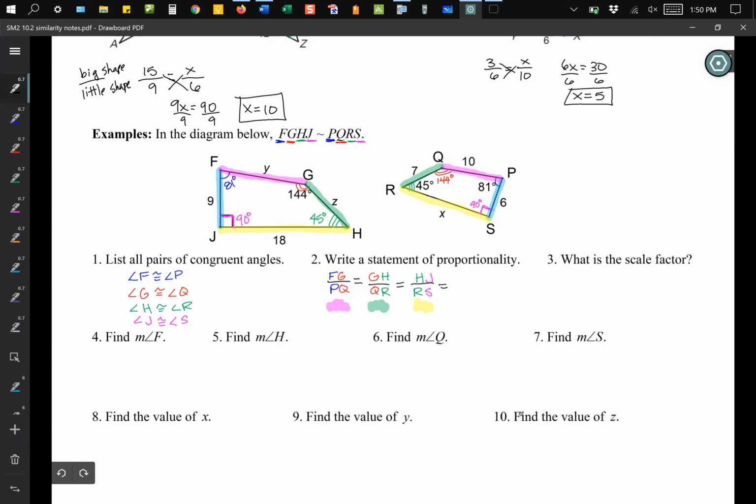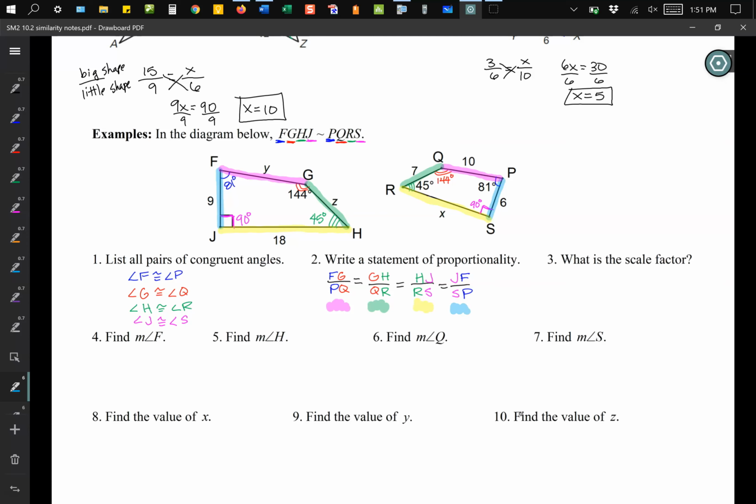And that equals last and first over last and first. JF over SP. And that's just blue side over blue side.